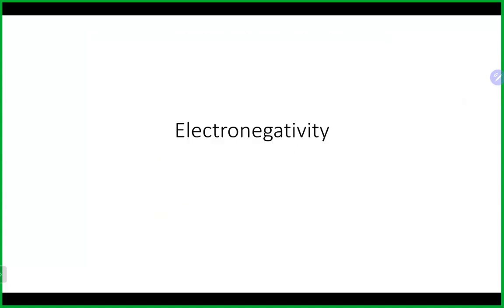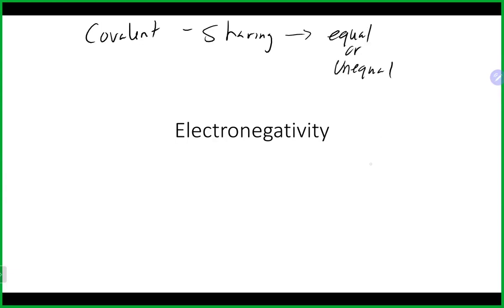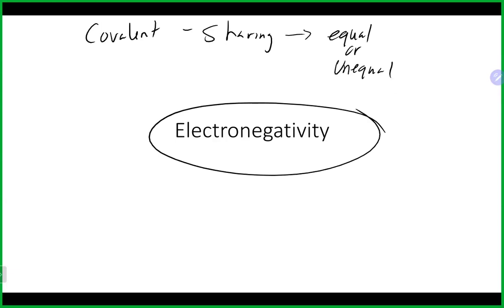So let's talk about this sharing of electrons and how we know how the sharing is going to happen. We're talking about covalent bonding and the sharing of electrons. As I mentioned before, that sharing can be equal or unequal. And it is electronegativity which is the big factor to determine how electrons are going to be shared.